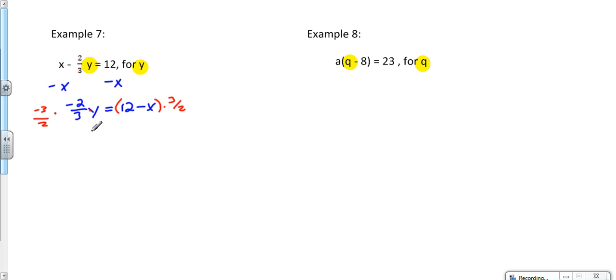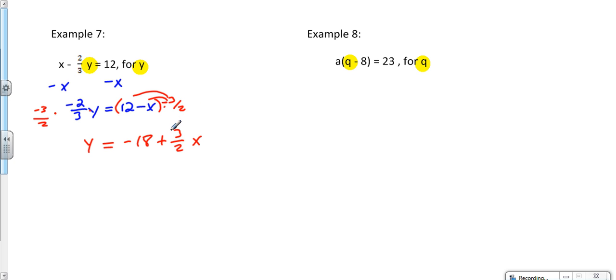So here we would have a distribution question. And 12 times a negative 3/2 is going to give us negative 18, I believe. Yep, negative 18. Negative 3/2 times negative x is a positive 3/2 x.